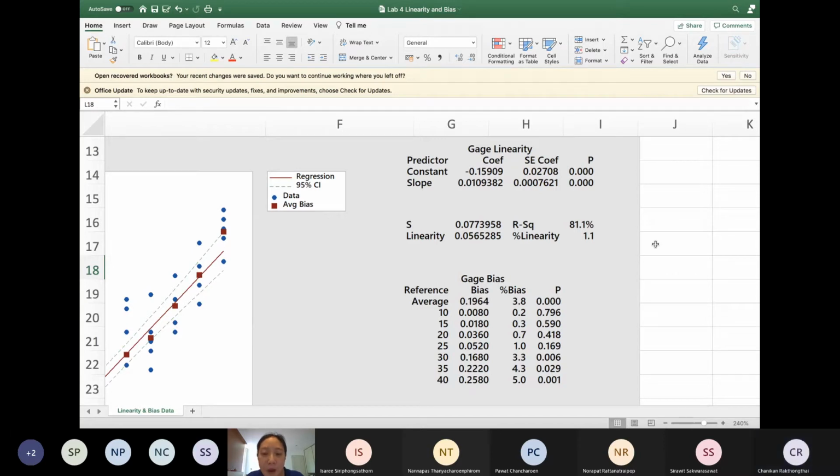Question 3, right? Yes. 10, 15, 20 and 25 are not significant, okay, I mixed it up. Also, which indicators are you looking at?